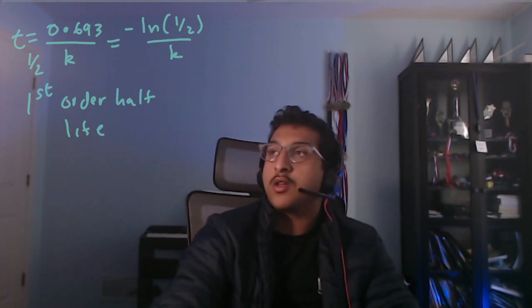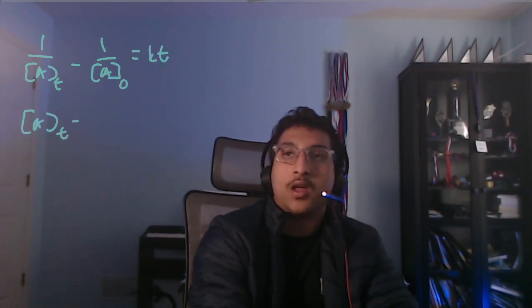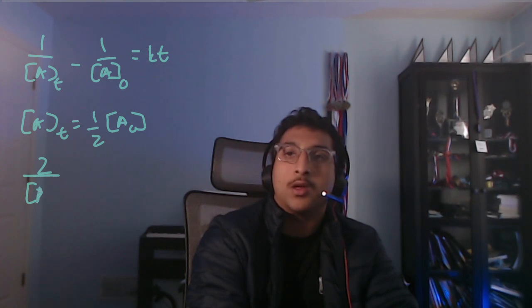For second order, I believe the equation is 1 over A at time t minus 1 over A0 equals K times t. Once again, we want to substitute A at time t as 1/2 times A0. So after some simplification, you get 2 over A0 minus 1 over A0.